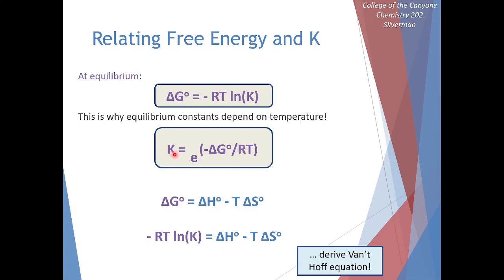This is why our equilibrium constant changes at different temperatures. Since we know our Gibbs free energy is related to the change in enthalpy and entropy, we can sub this into our equation and end up with our Van Hoff expression.